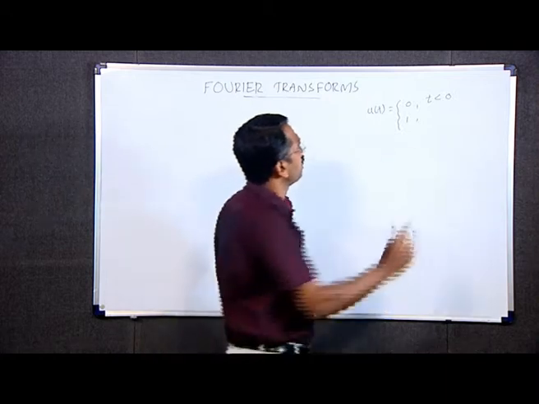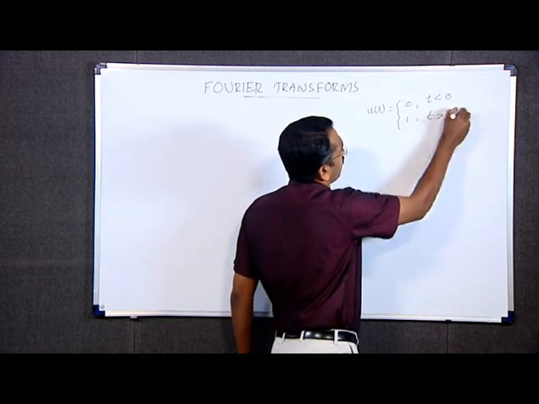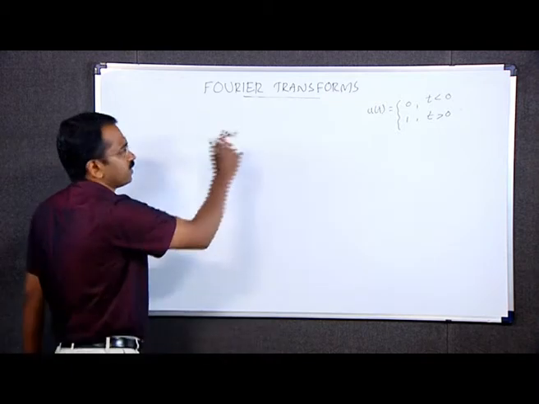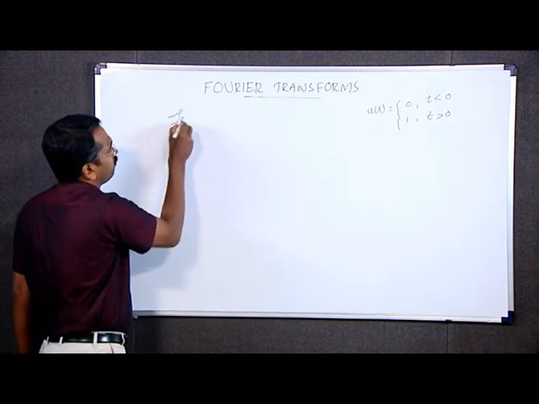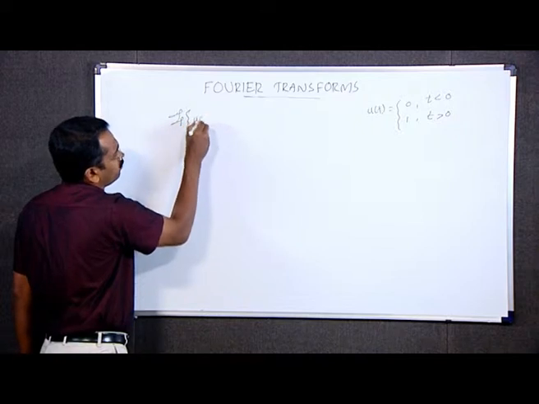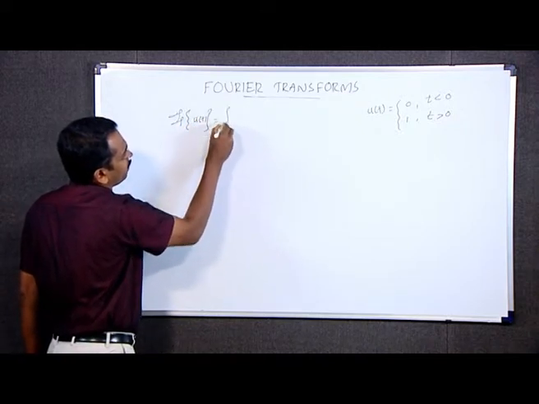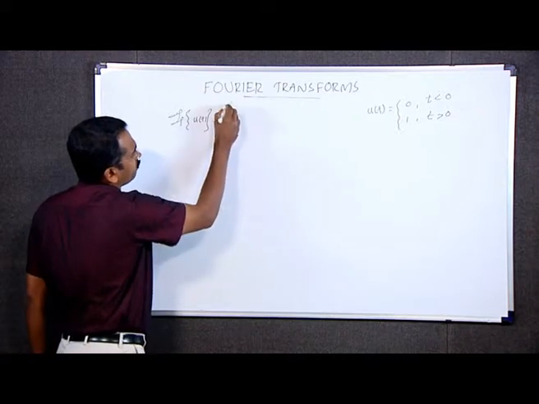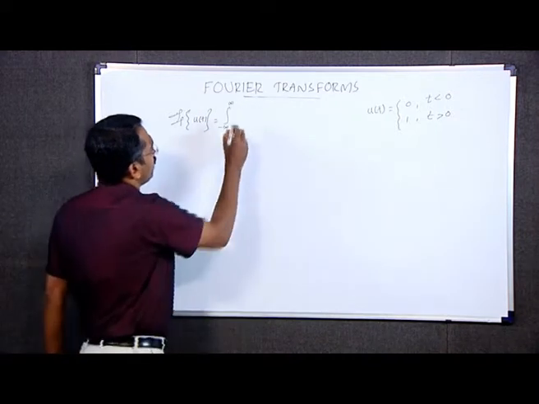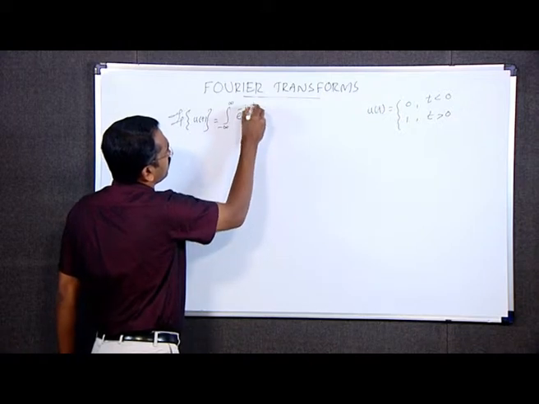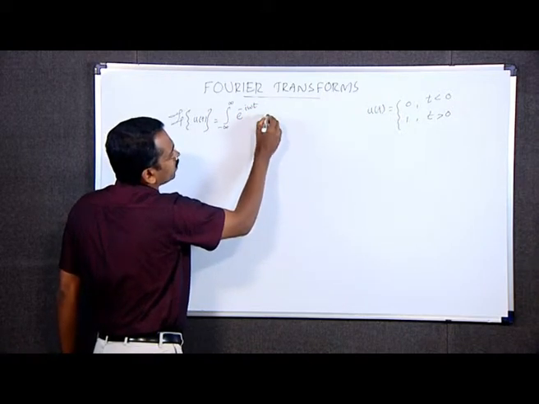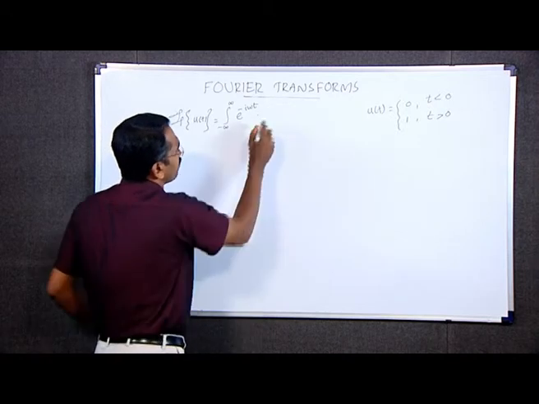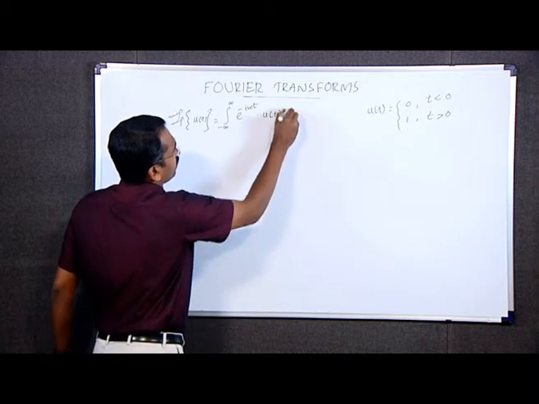This is the definition of the unit step function, and the corresponding Fourier transform is the integral from minus infinity to infinity of e raised to minus i omega t into f of t, here the unit step function u of t, dt.